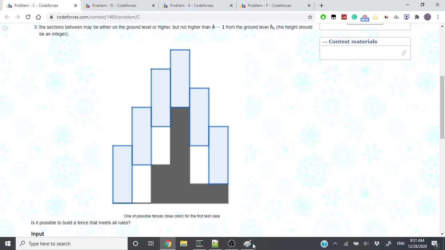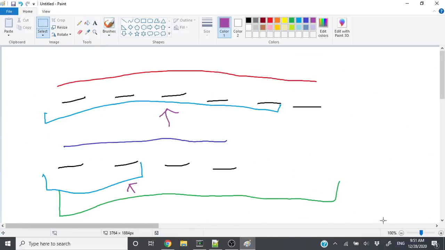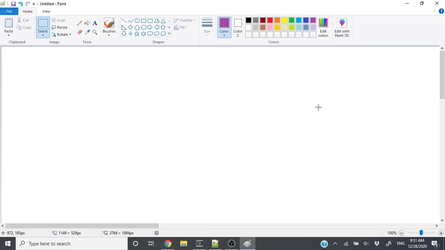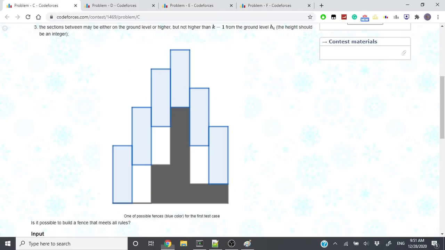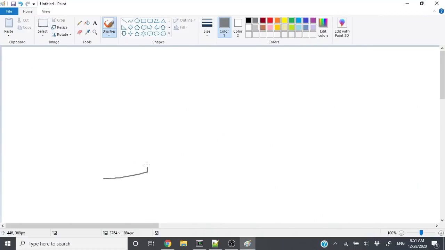I guess what we can do is try and draw again. So we have this ground level, for example like this, right? That's what they have. And then I keep pressing this button that ends up canceling the whole stroke, and that's kind of sad.